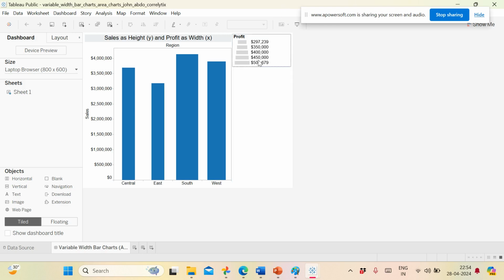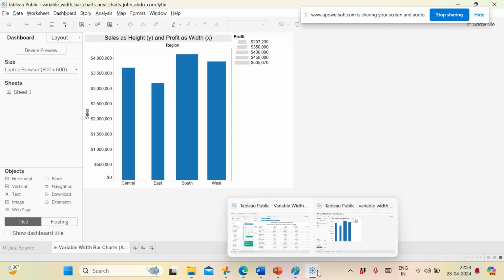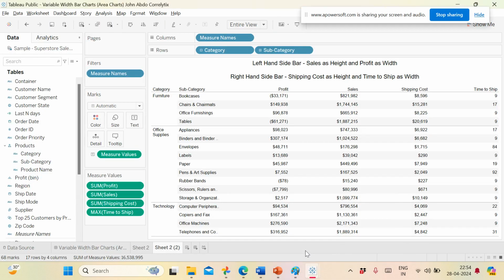You can see that the West had sales of about 3898802, and the profit recorded by the West region is 422868.